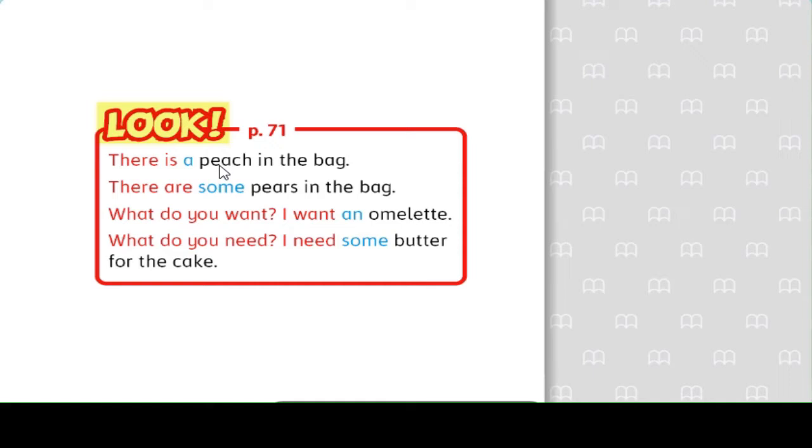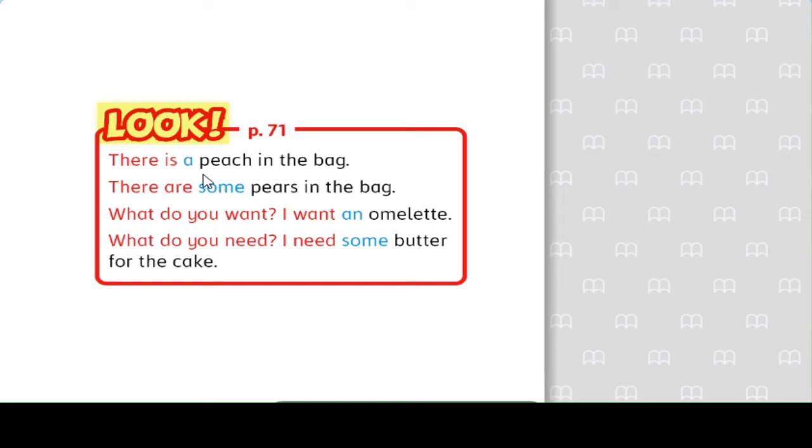There is a peach, so I can remove a here and say three peaches, okay, three or four, any number that I want. Also, there are some peas in the bag.